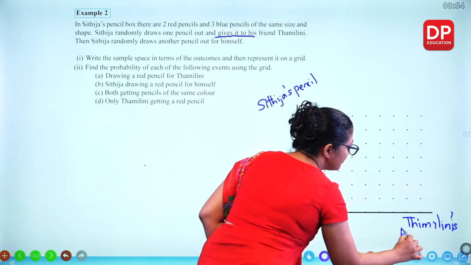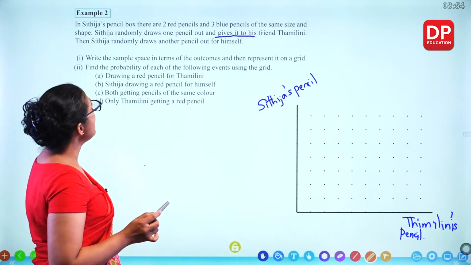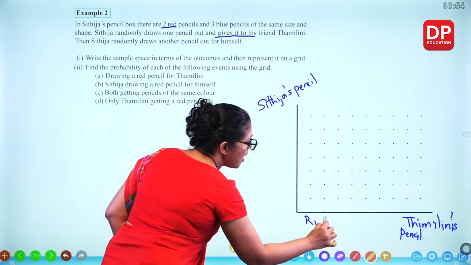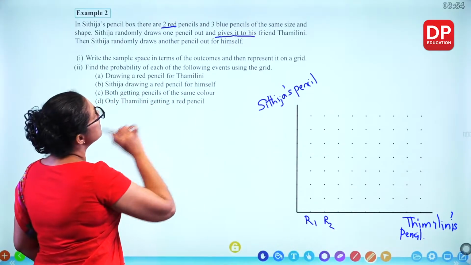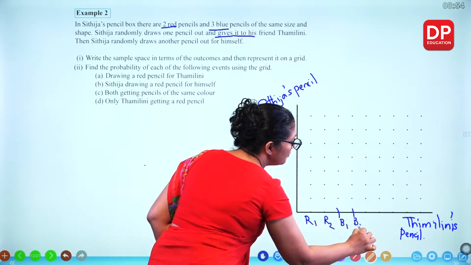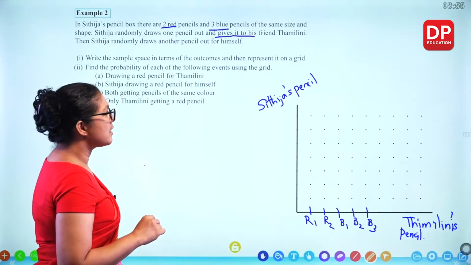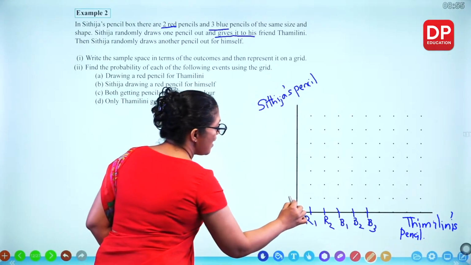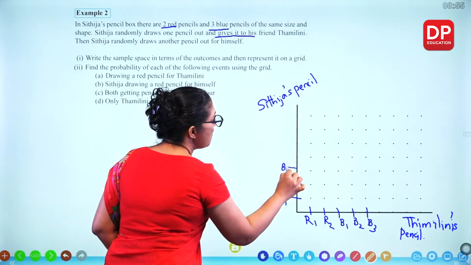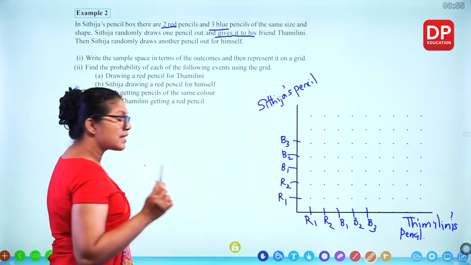Thimalini's pencil can be 2 red ones, that means R1, R2, and 3 blues, B1, B2, B3. What about Sithija's? Same outcomes, R1, R2, B1, B2, B3.